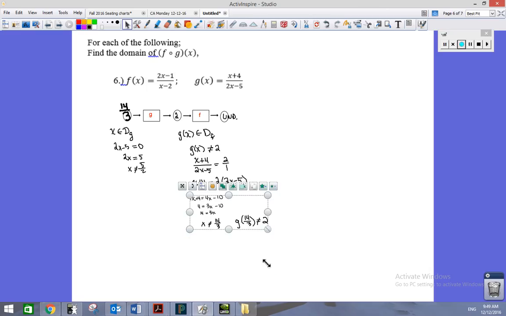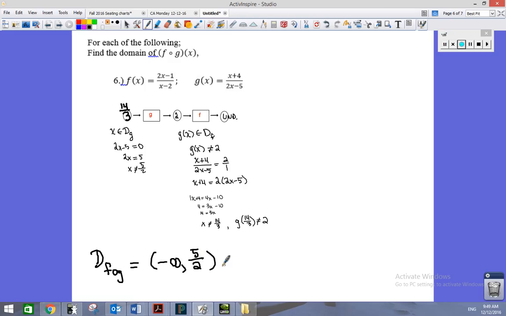So the domain for this f∘g is from negative infinity to the smaller number, which is 5 halves, 2.5, and from 5 halves to the bigger number, 14 over 3, which is just less than 5, like 4 2/3. All right, so there's the domain of that. That's our final answer. And so, hey, I hope that helps, and I will talk to you later.